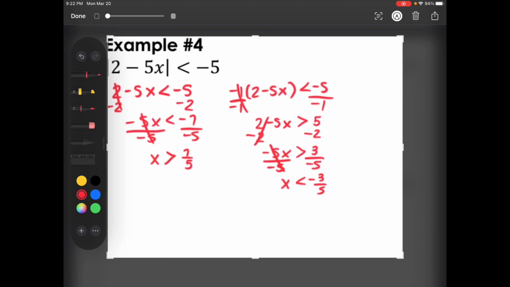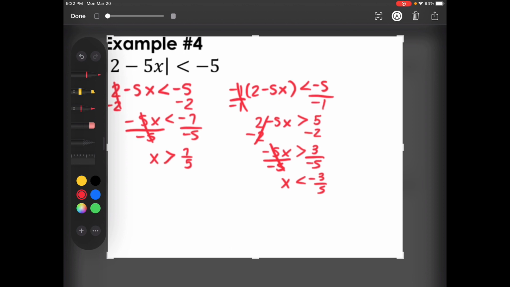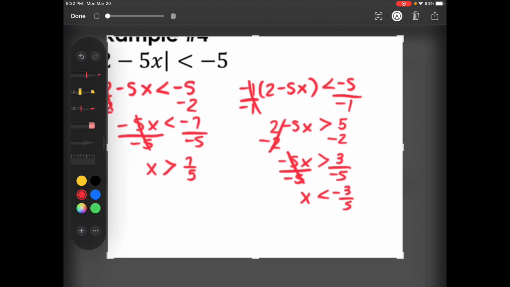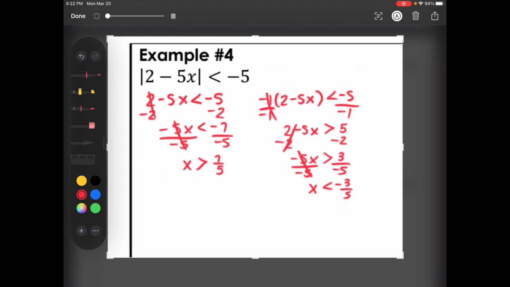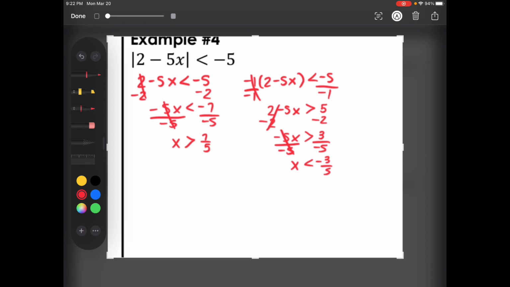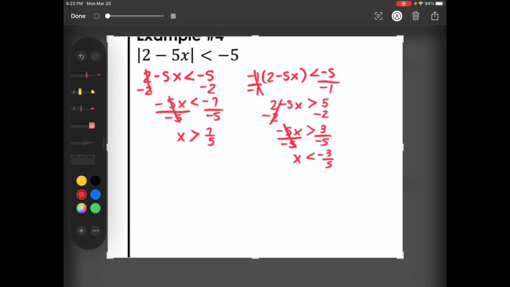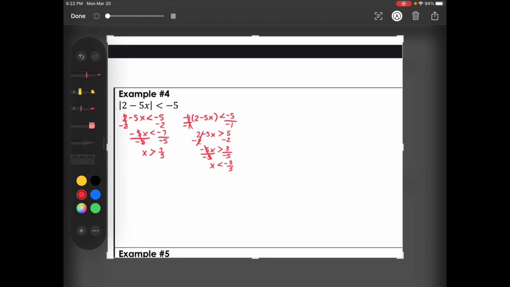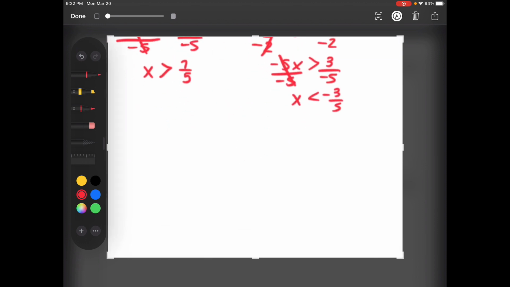It's either greater than 7/5 or less than -3/5. Yeah, I guess it's an or. Okay. So these are two things that are going to be an or because they're going in opposite directions.